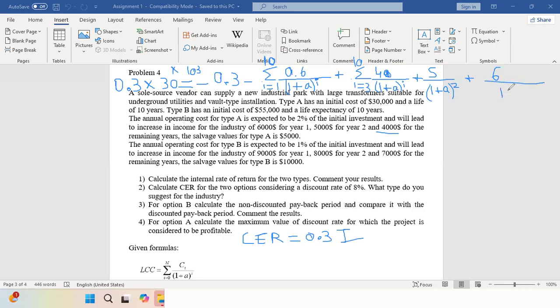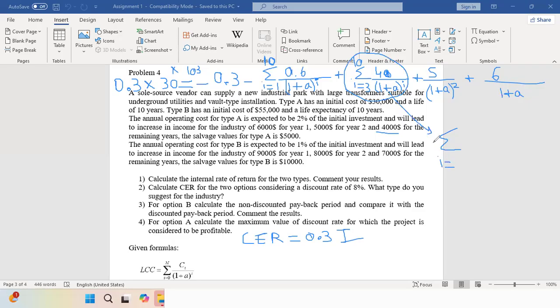Now, to be able to use the formula that I have for the geometric series, I need to write the summation from 1 to 10. So I can replace this with the summation from 1 to 10.